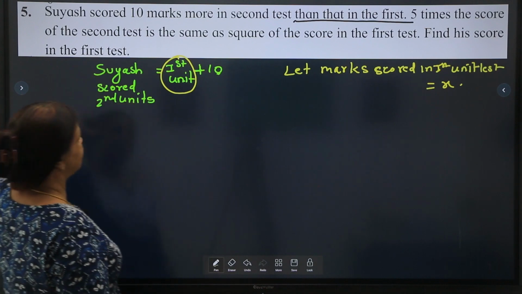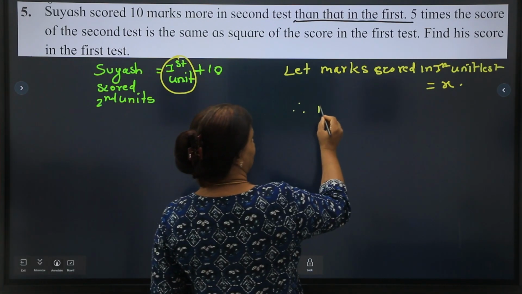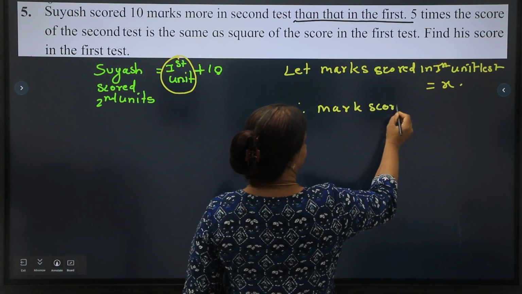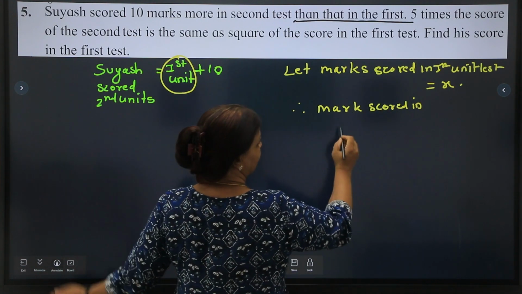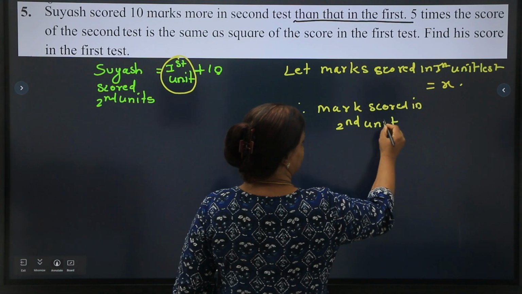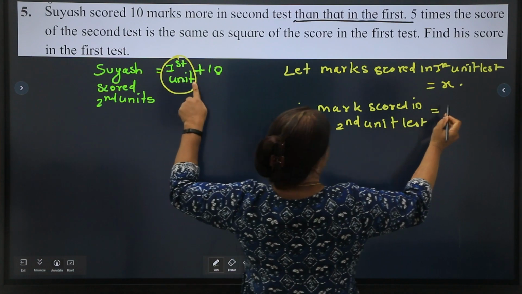So what will be the marks in the second unit test? Therefore, marks scored in the second unit test is equal to x plus 10, where x is the first unit test.